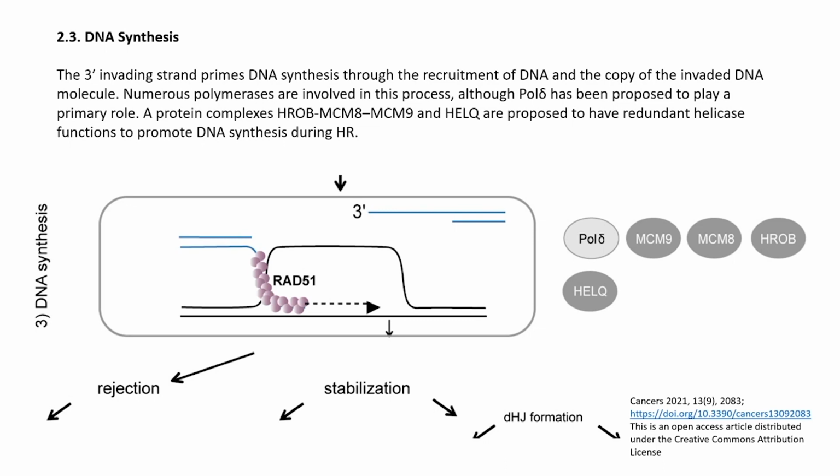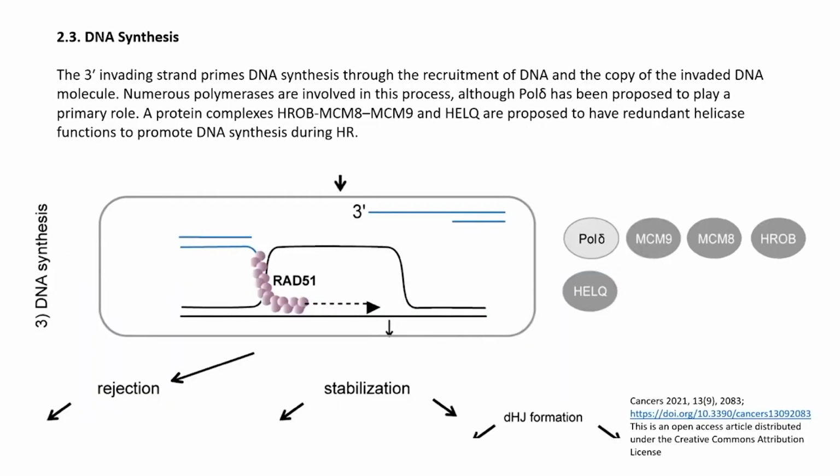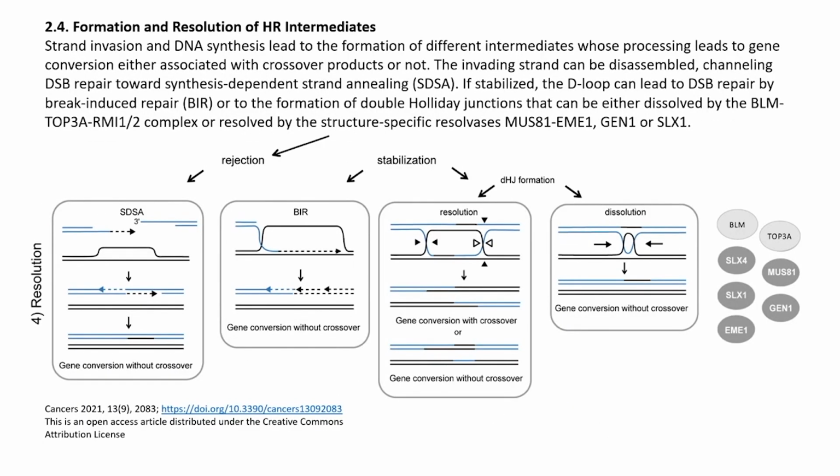A protein complex HROB, MCM8, MCM9 and HELQ are proposed to have redundant helicase functions to promote DNA synthesis during this homologous recombination. Once the DNA synthesis starts and is completed, the formation and resolution of the HR intermediates will have to take place.